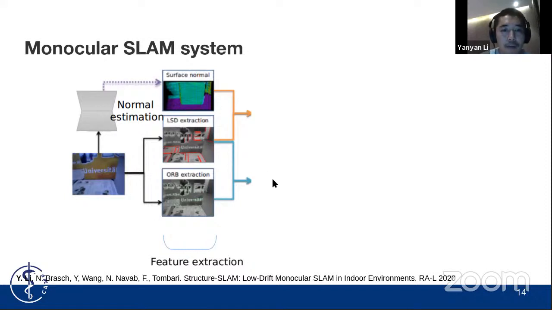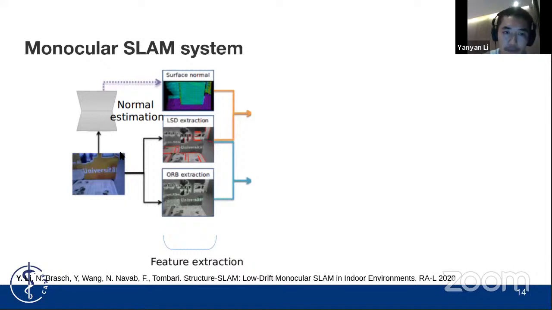However, you can see even though this image is very textured, a very colorful image, still only very few features or very few pixels are used.